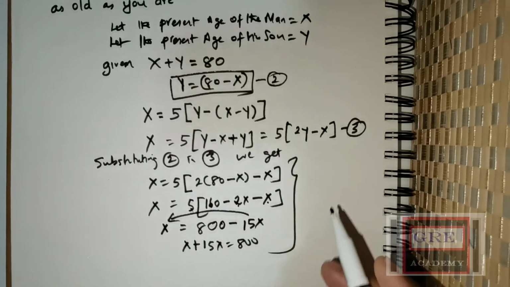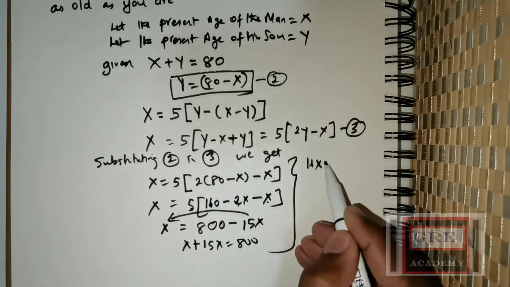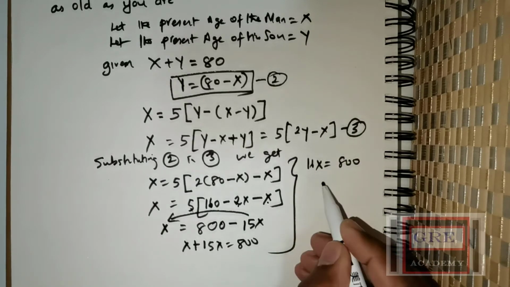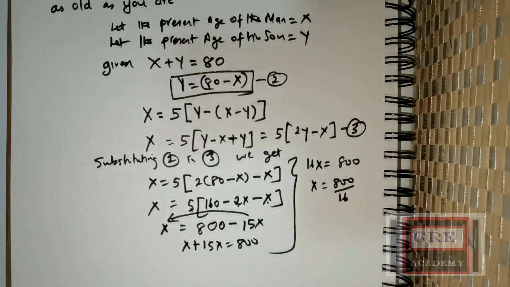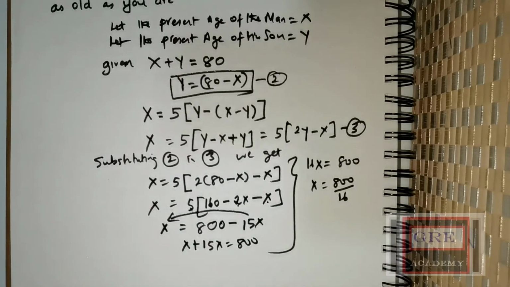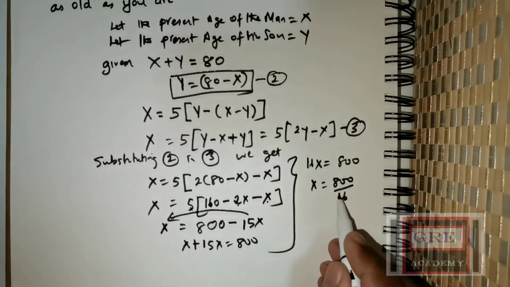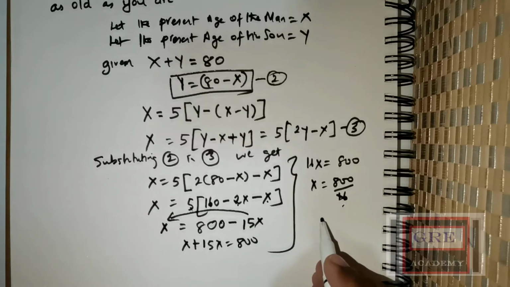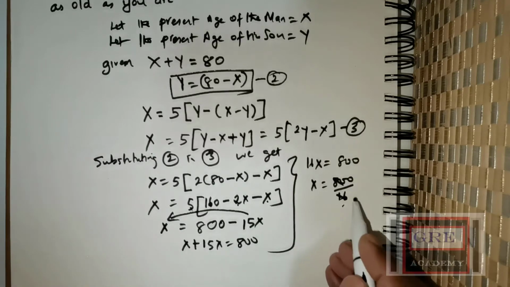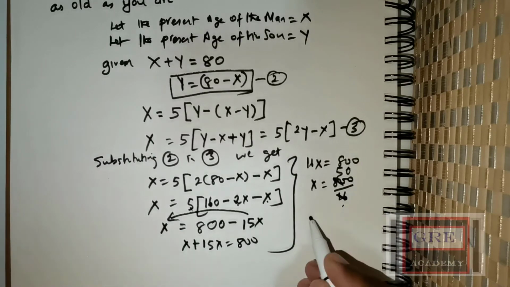So that's going to be x + 15x is equal to 800. So 16x is equal to 800. So x is equal to 800 divided by 16. So that is clearly 50.